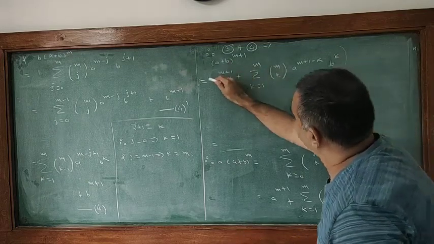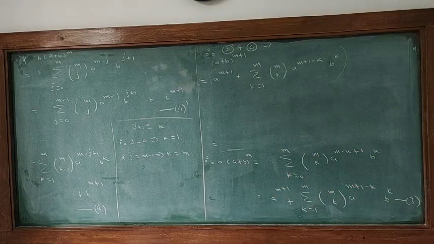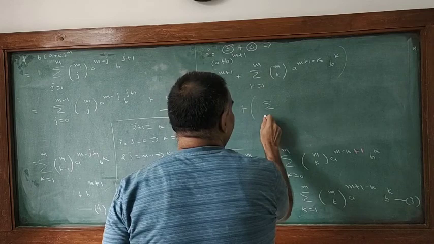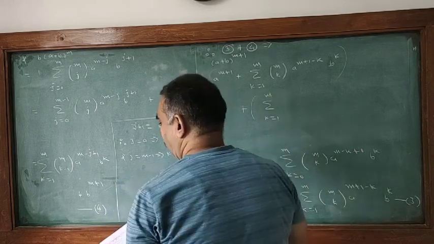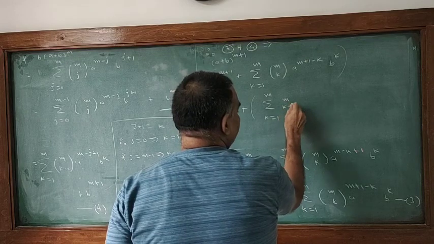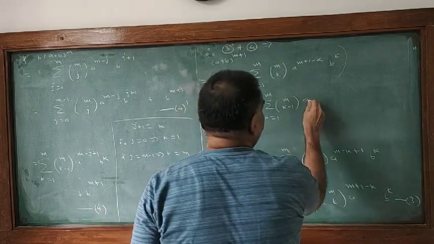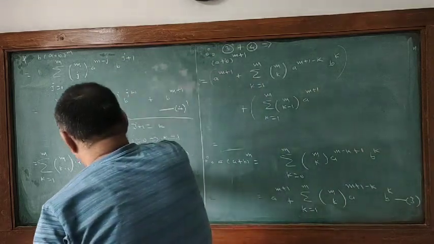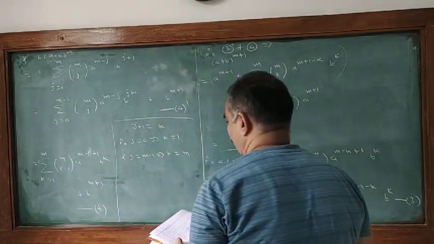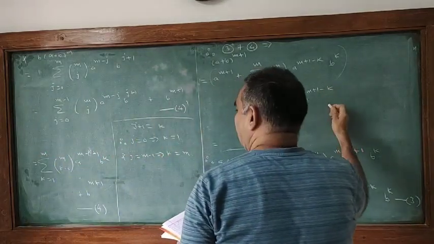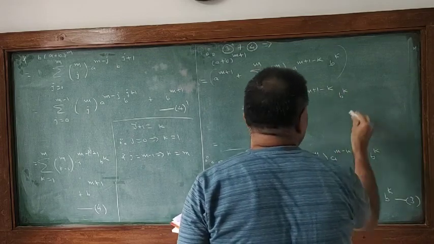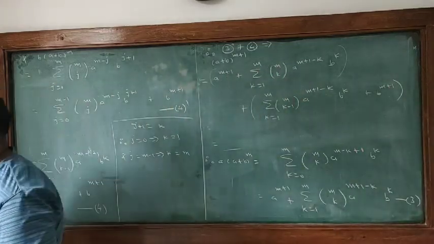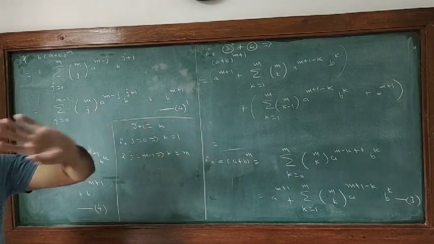This is equation 3, and that is equation 4 plus sigma k running from 1 to m, mCk minus 1, a raised to m plus 1 minus k, b raised to k, plus b raised to m plus 1. Just see there, the first is equation 3 and the second bracket is equation 4.